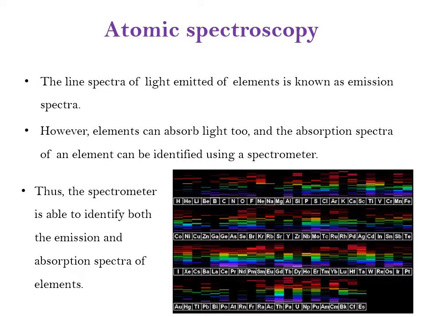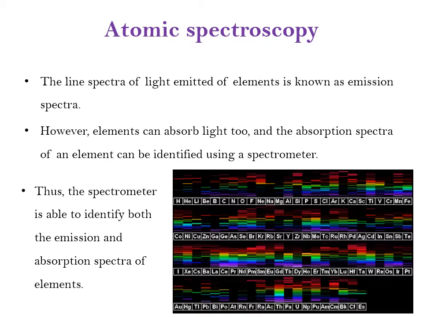The light emitted is split through the spectrometer into different frequencies of light. This produces a unique line spectrum of the element. Specific light frequencies give rise to sharply defined bands on the scale. This line spectrum of light emitted by an element is known as the emission spectrum for that element.